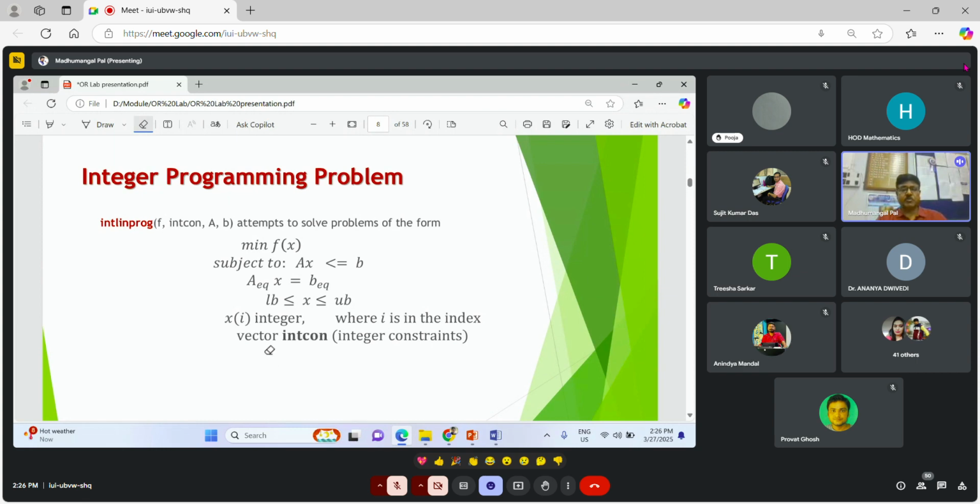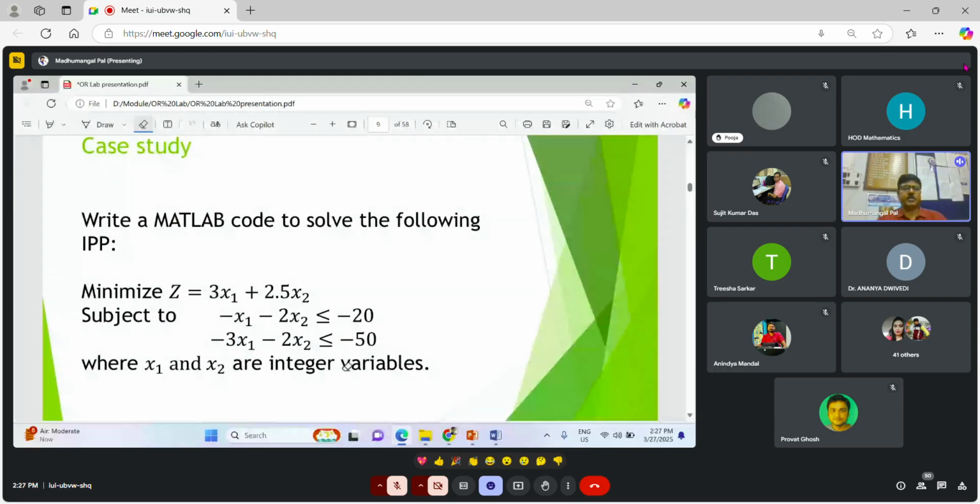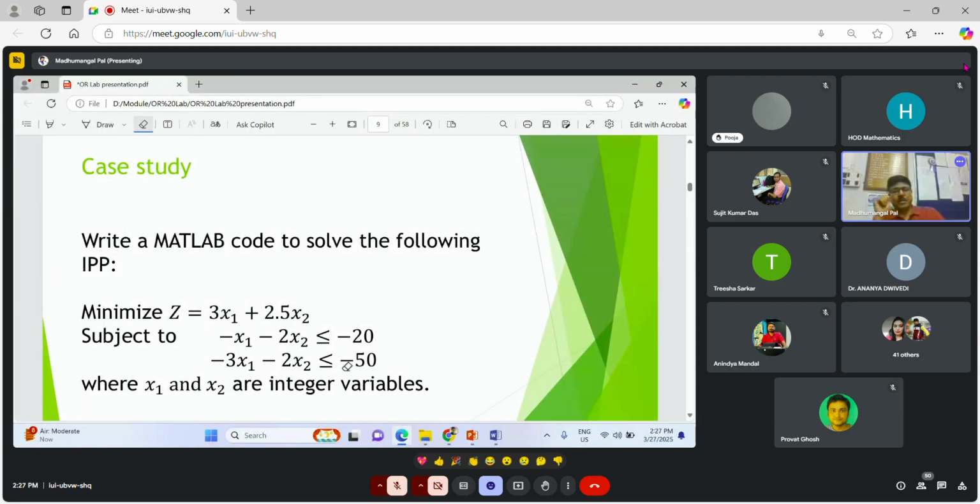For this purpose, we have to define one additional vector, named intcon. You may use this vector to represent which variables are integer and which are not integer, mentioning the number of variables which are integer.